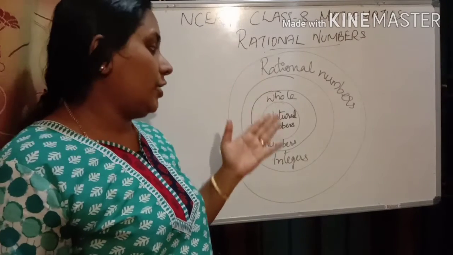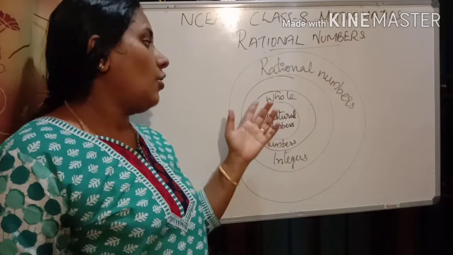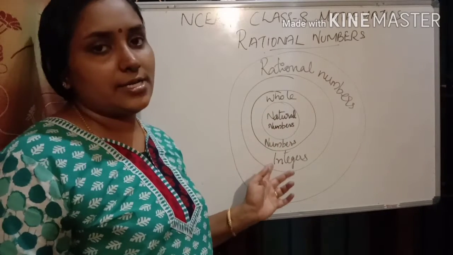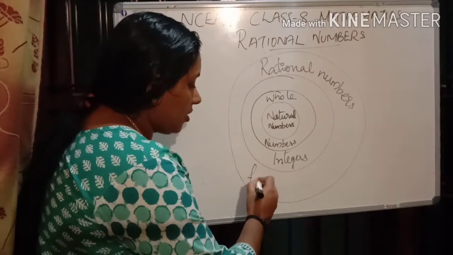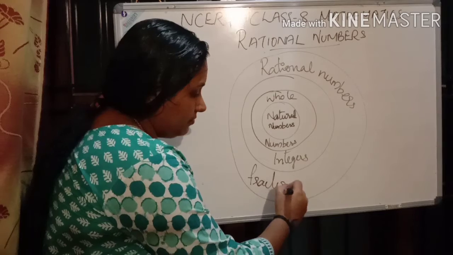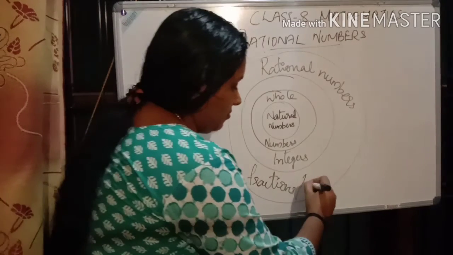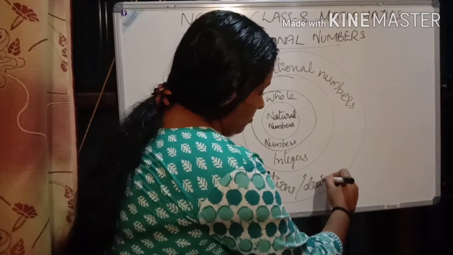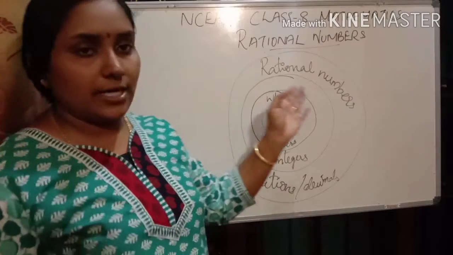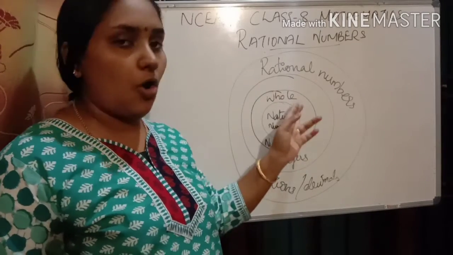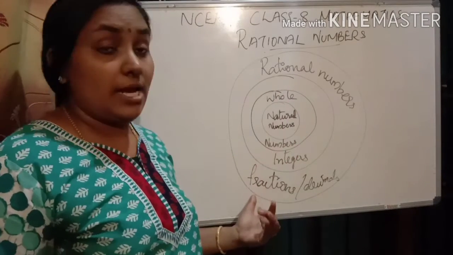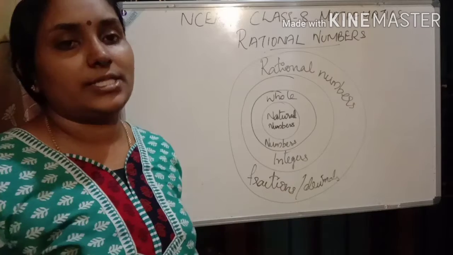Rational numbers include natural numbers, whole numbers, integers as well as fractions or decimals, right?